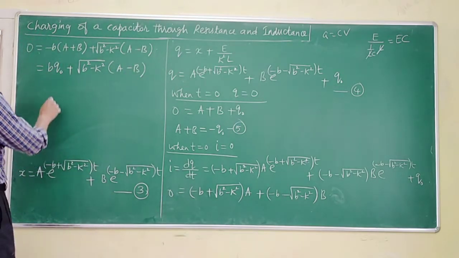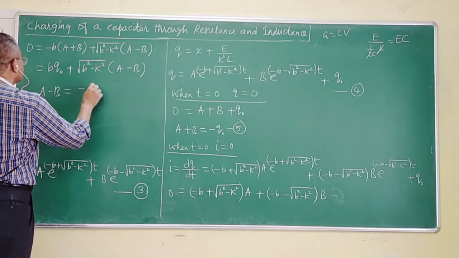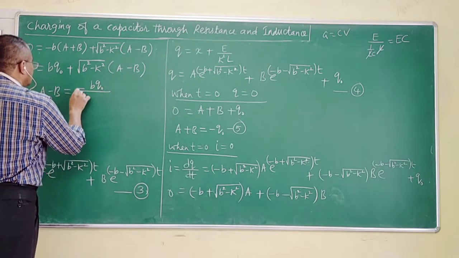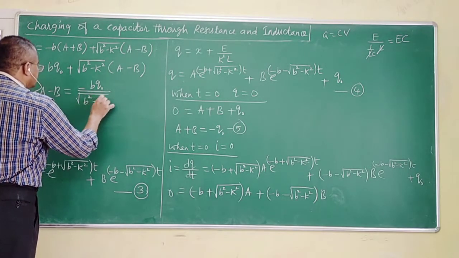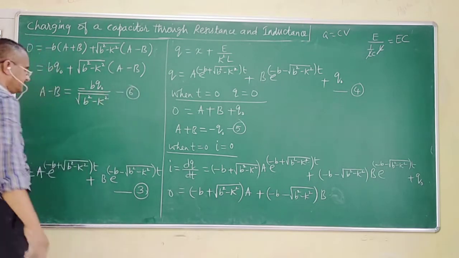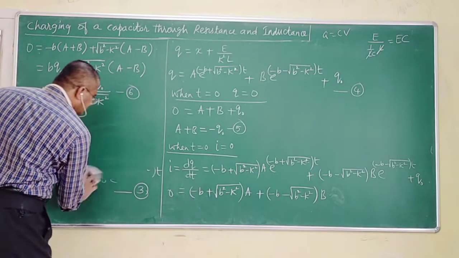So the equation I get is a minus b is equal to minus b q naught upon under root of b squared minus k squared. This is equation 6 for me. Is that okay to you?